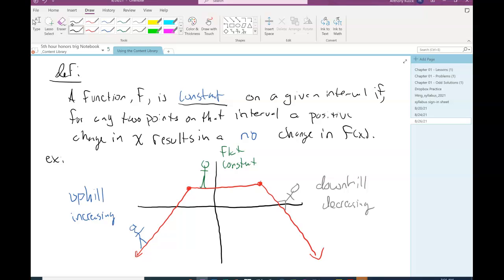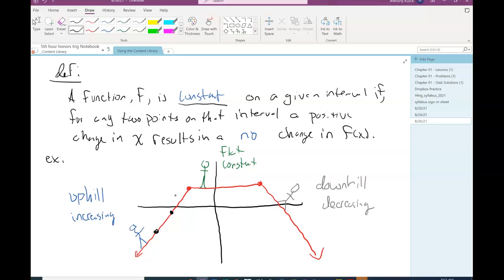So just to illustrate the definition here, let's say we look at this first interval. If I take any two points, and I have a positive change in x, so that I'm taking the right point and subtracting the x coordinate of the left point, that gives me a positive change in x, correct?